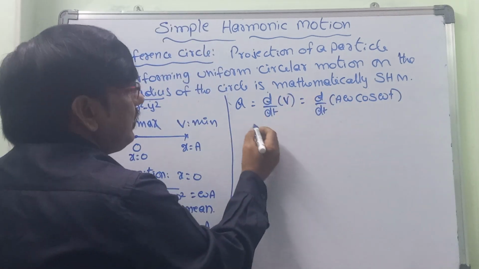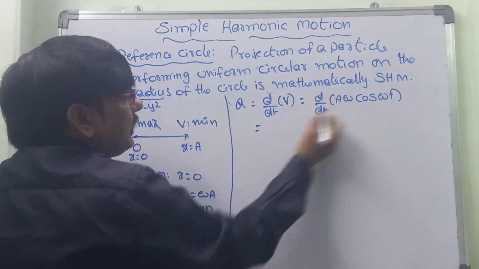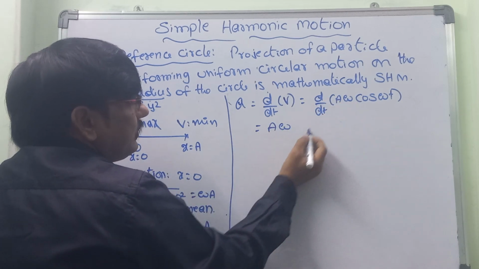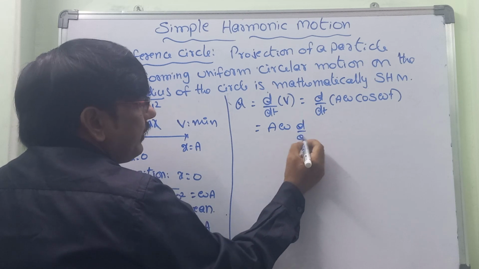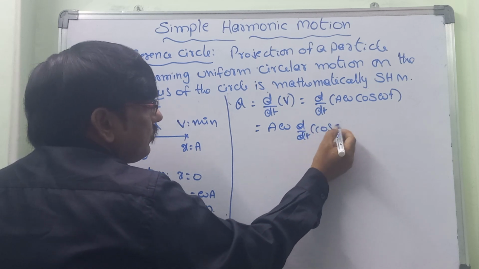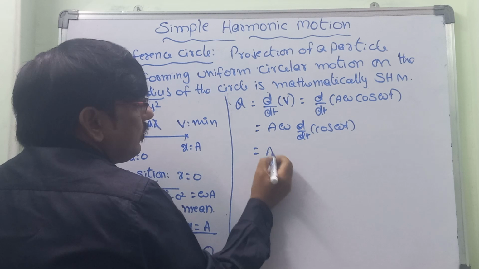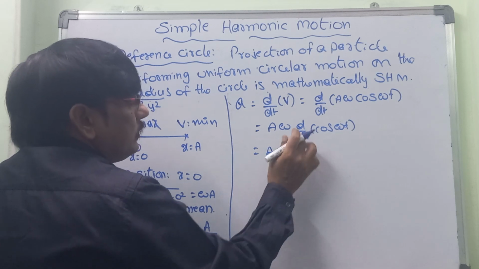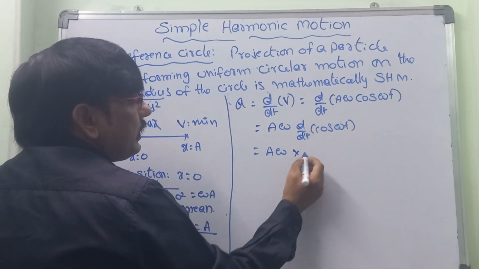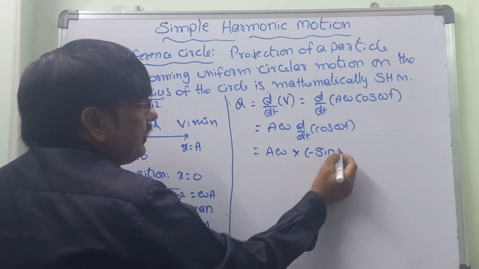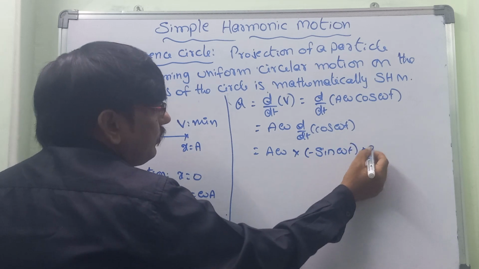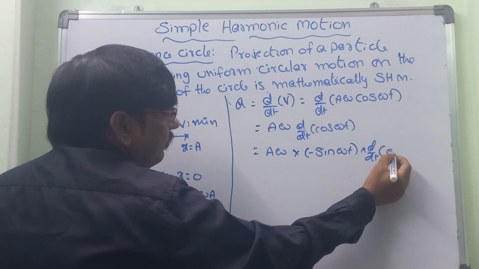Now let us take the differentiation. A omega is a constant. So next d by dt of cos omega t, that is equal to a omega, d by dt of cos omega t is minus sin omega t into d by dt of omega t.